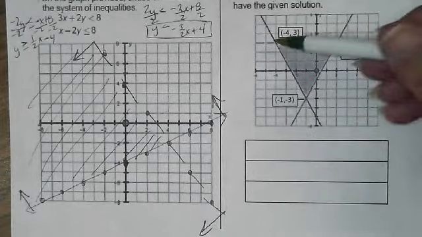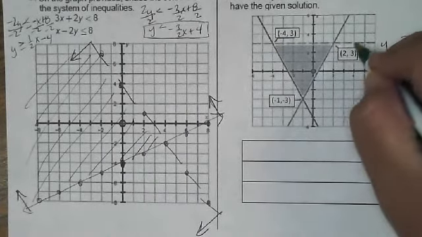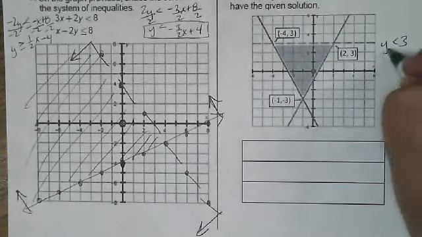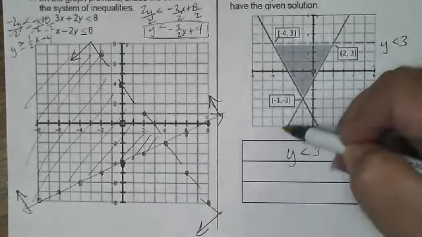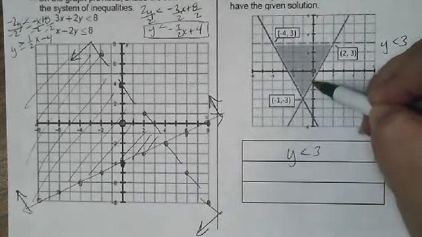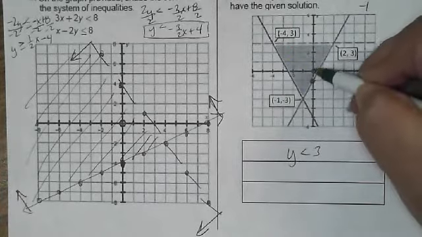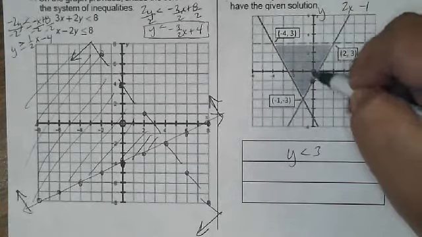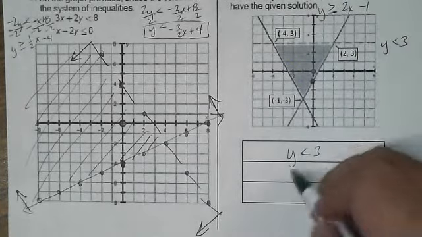Let's start with this horizontal line. The horizontal line is at 3, and it's just going to be a symbol where it shades below, so it's less than, but with no inequality. That's our first equation. The second one, this run right here, hits at negative 1. That's our intercept. So we'll start with the negative 1, and then we go up 2 over 1, so it's a 2x. It's above, so it's greater than, and it's solid, greater than or equal to.